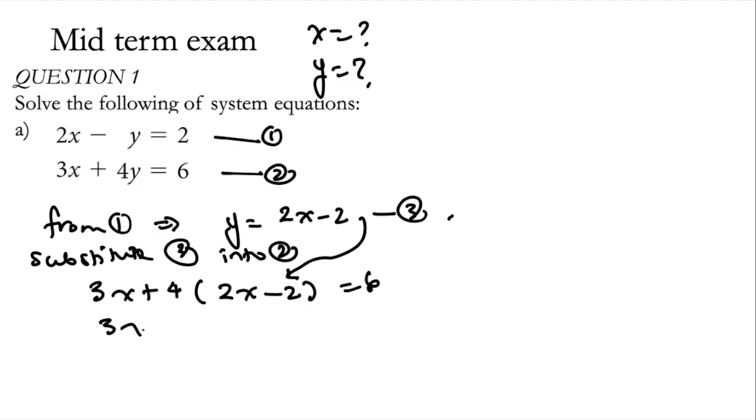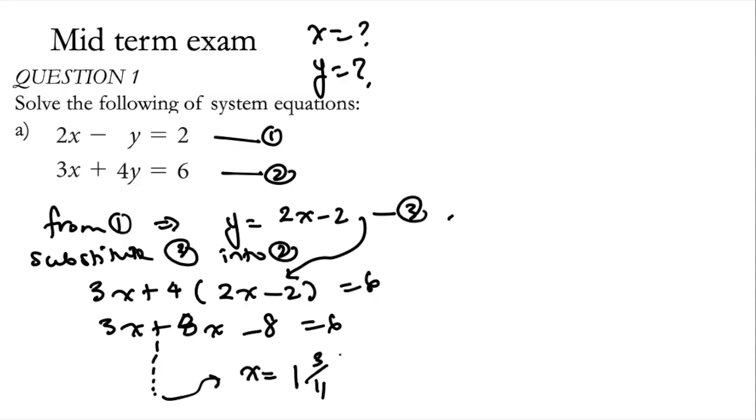Then we expand it. 3x plus 4 times 2x becomes 8x, 4 times minus 2 becomes minus 8, equals 6. Then you rearrange it. I'm not going to show you the detail because this is just calculus, until you get the final answer x equivalent to 13 over 11. What I found from your answers last time is that you only stop at x equivalent to 14 over 11.